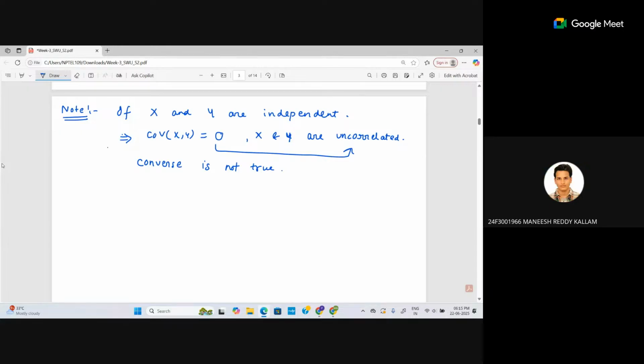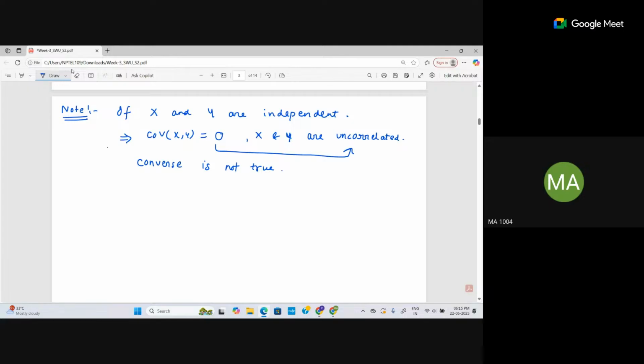Ma'am, here I'm having a doubt. Since the formula of covariance, if we simplify, changes into expectation of xy minus expectation of x into expectation of y, which is equal to 0 if they are uncorrelated, and you said we cannot say the dependence of x and y cannot be determined through covariance.